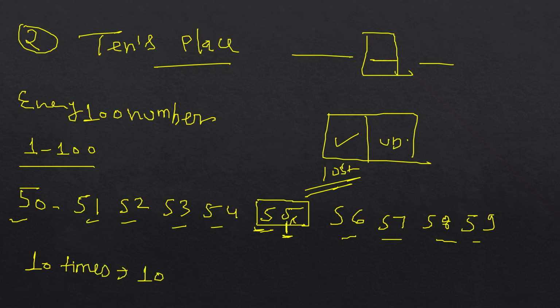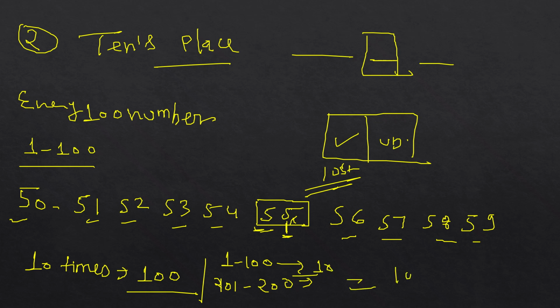In a similar way, we have 10 sets like 1 to 100, 100 to 200. So in all cases, we get a total of 10 in every 100 numbers. So overall, 10 into 10, a total of 10 sets of 100, and in each set we have 10 fives. So a total of 100. This is the second case, and the total number of 5s will be 100.